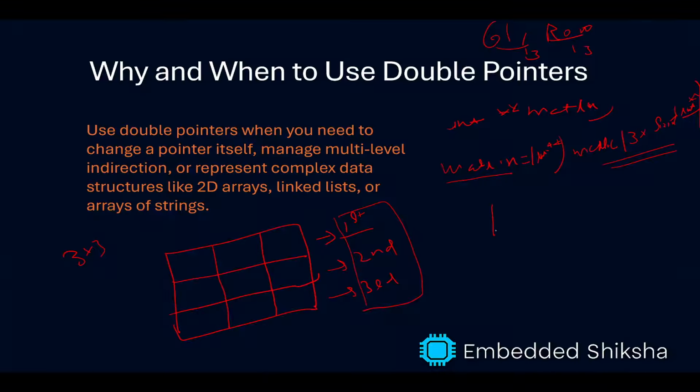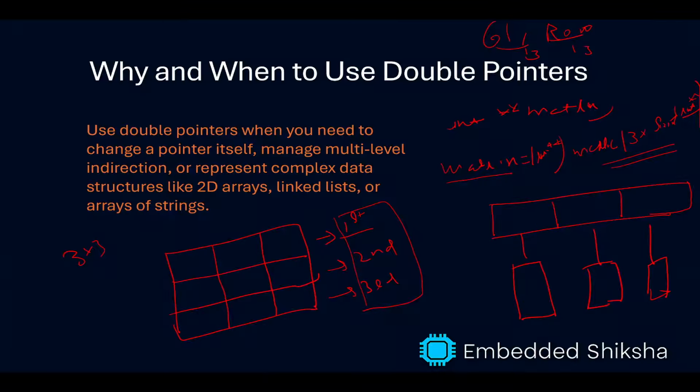So what does it mean? It means, let's say now you have received three pointers, so memory for three pointers is allocated. As you know, a pointer is going to store the value of another variable. Now by using this I need to create a row here, here also I need to create a row, here also I need to create a row.